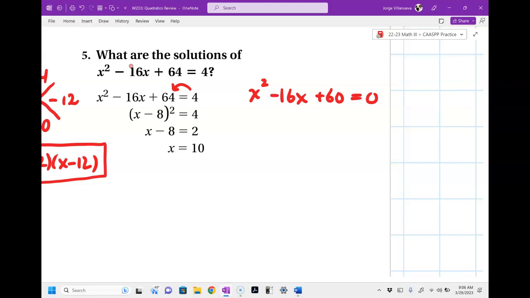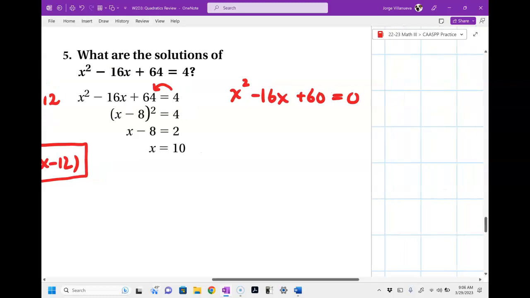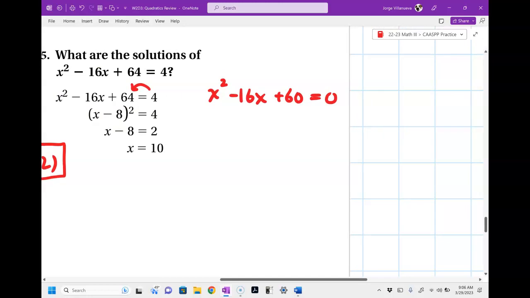So now the hard part is figuring out what are the factors of 60 that give me a 16. So we'll think about that right now. And just to make sure, did I do the subtraction? Yes, I did. All right, so what do we get for 60? Negative 10, negative 6.